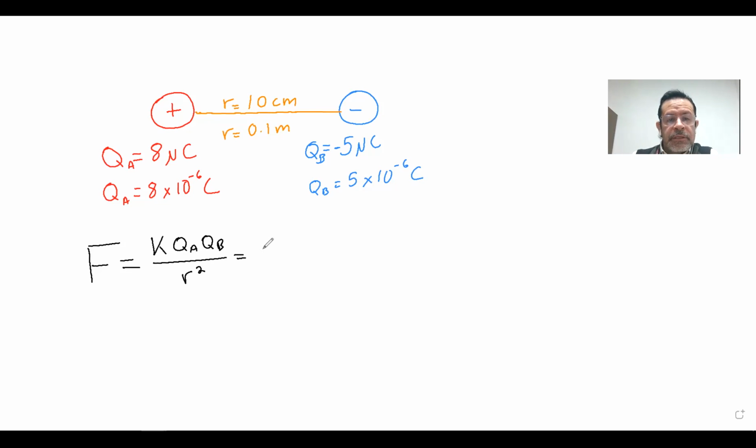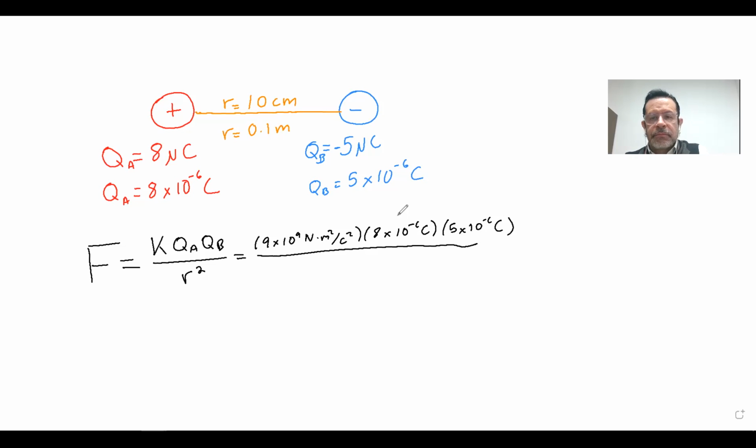So this is going to be 9 times 10 to the 9 newtons meters squared per coulomb squared, multiplied by 8 times 10 to the minus 6 coulombs, multiplied by 5 times 10 to the minus 6 coulombs, divided by 0.1 meters squared.